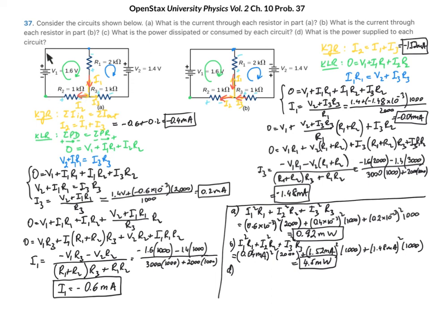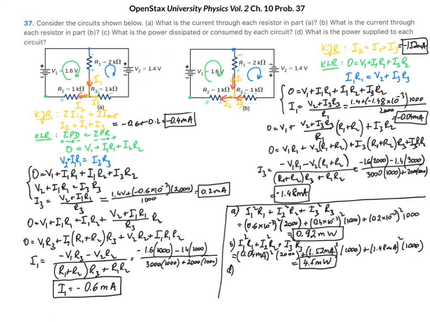And that's what we have here. If this were the only power supply, it would have produced a current going in this direction, and that's the direction of the current we have here. Now, in the other circuit, the power supply would have produced a current going in this direction, and that's what we have. And here we would have had a current going in this direction, and that's what we ended up having here as well. So let's do the calculations now.